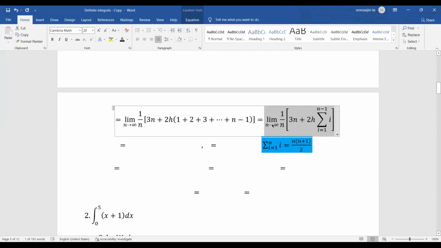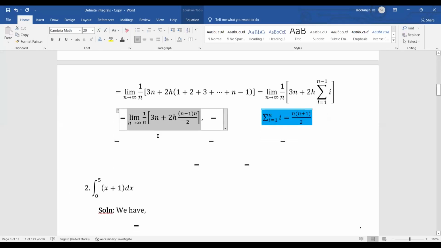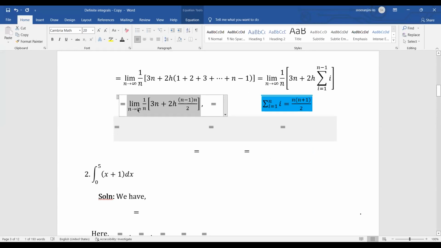This is equal to limit n tends to infinity, 1 by n, 3n plus 2h sigma i varies from 1 to n minus 1, i. That's equal to limit n tends to infinity, 1 by n, 3n plus 2h into n minus 1 by 2.